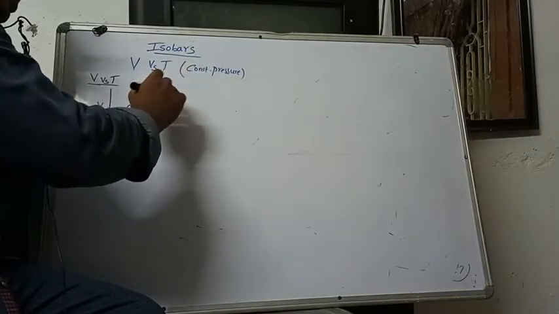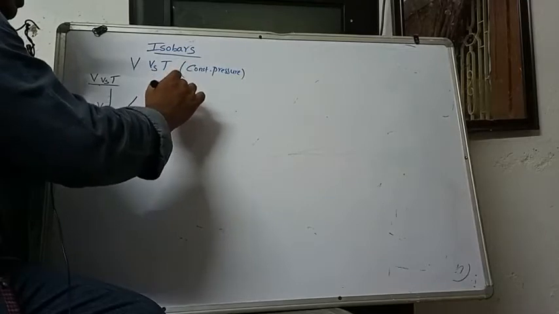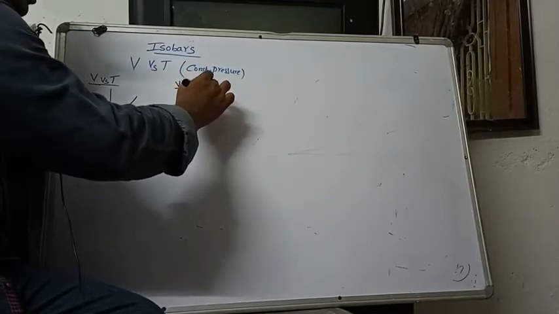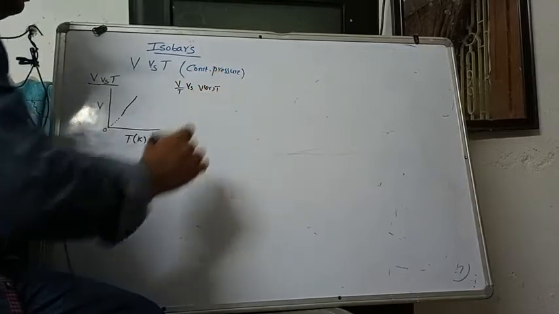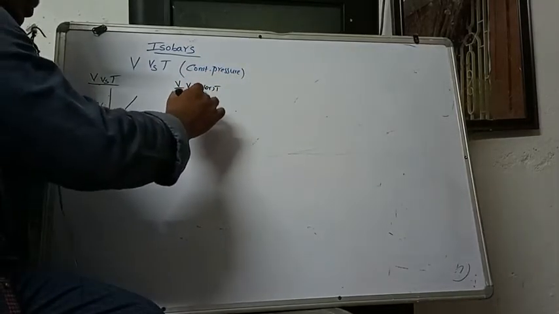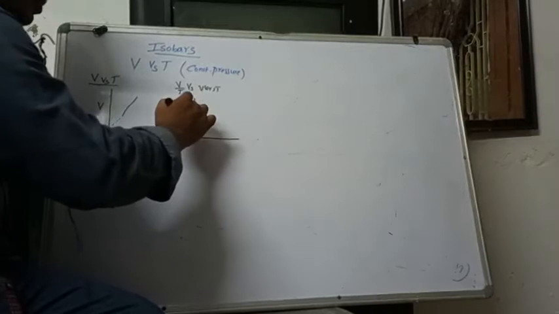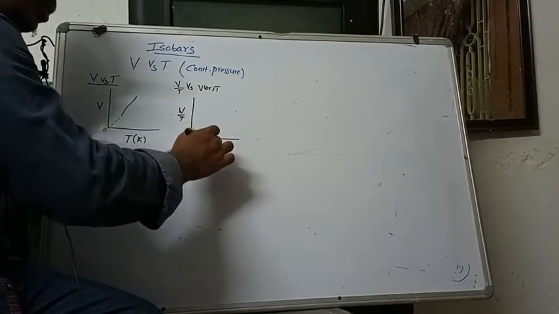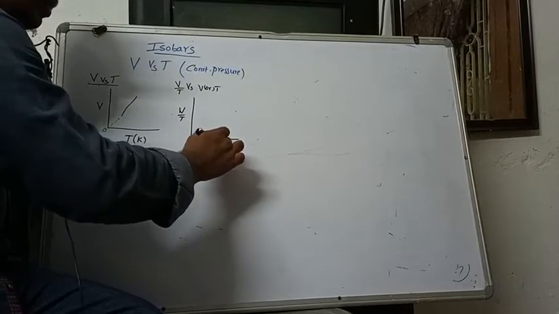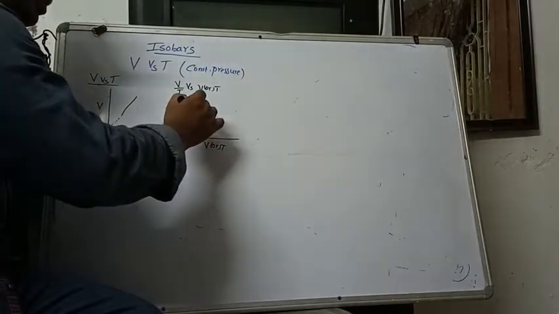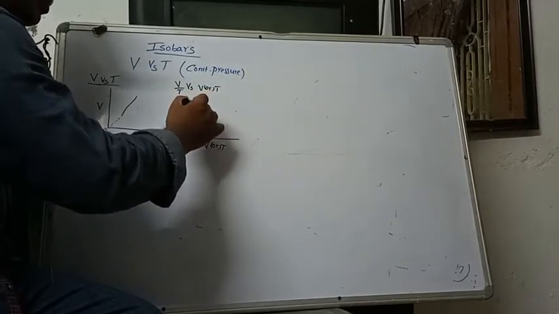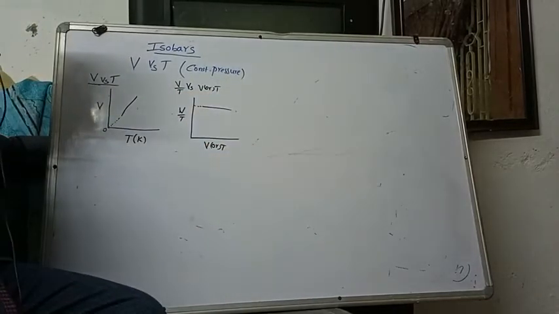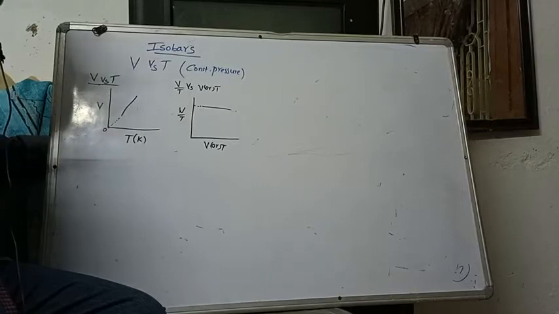Similarly, if you take V by T versus volume or temperature, the graph will be like this. Whatever the volume value or temperature value may be, the graph will come like this.